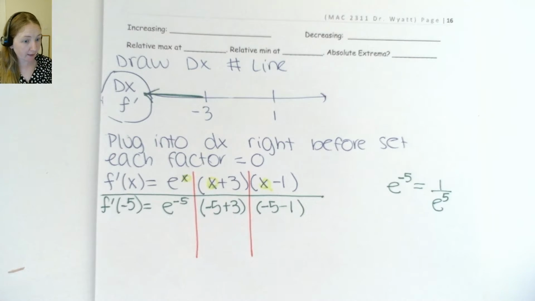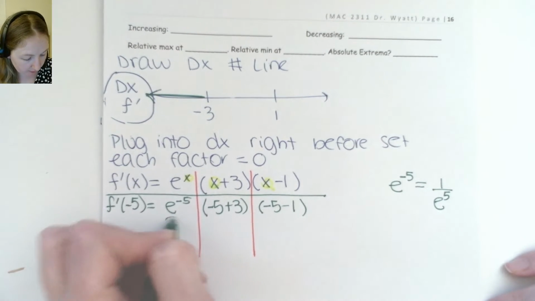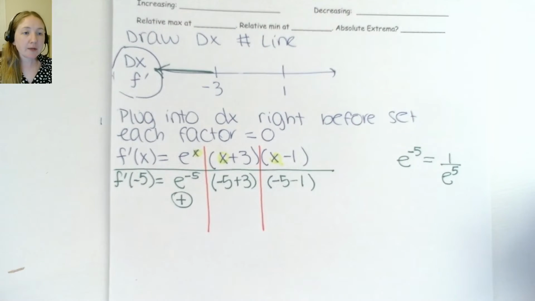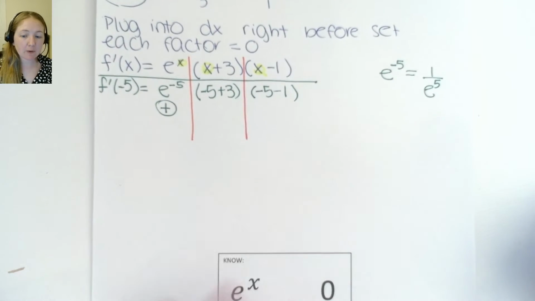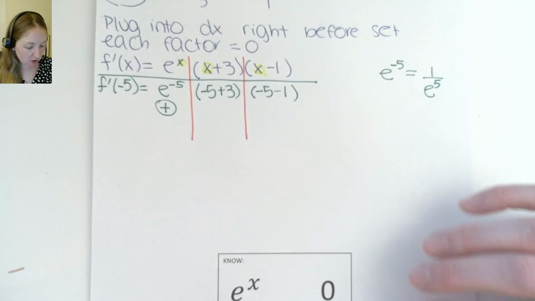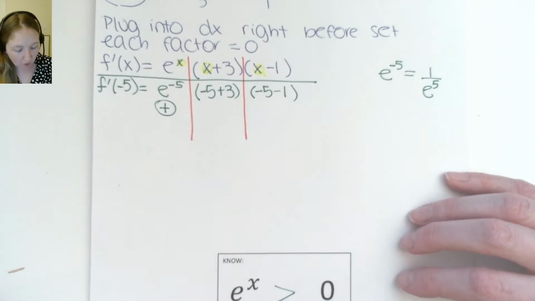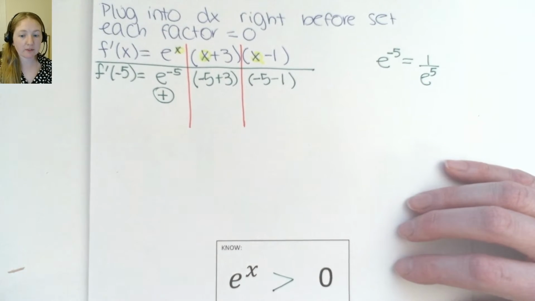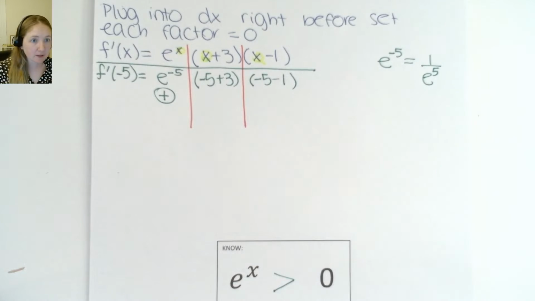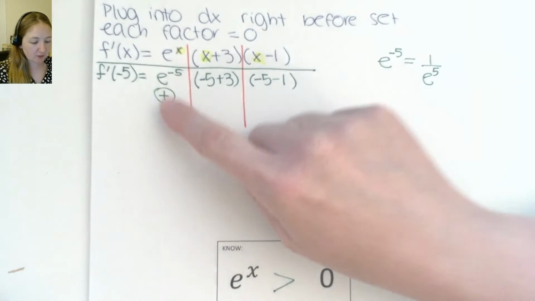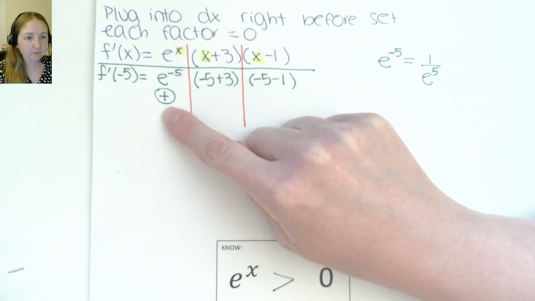And when you see that, hopefully you're like, oh yeah, that's a positive value. Another way of approaching this, remember what we said on the previous page, e to the x is always greater than 0. So it doesn't matter if you have a negative exponent or a positive exponent, it's always greater than 0. So this first factor is going to give you a positive.